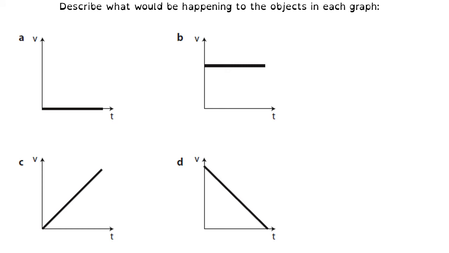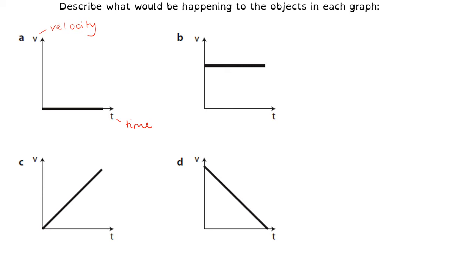Now we're going to move on to having a look at some velocity time graphs, and there are 4 on the screen at the minute. V stands for velocity, and T is time for each of these. I'd like you to have a look at those and see if you can work out what's happening.